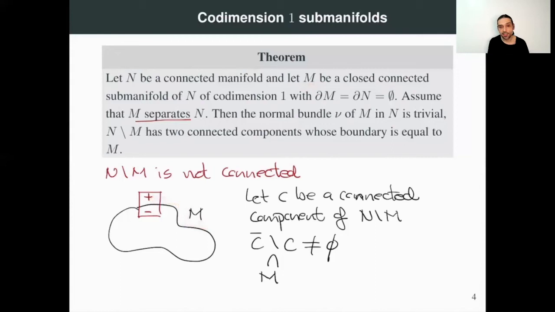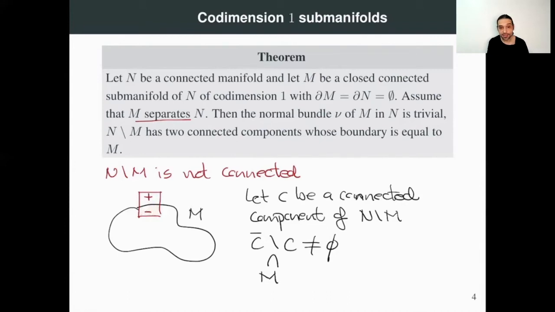So the connected component C is either the same connected component as the points labeled plus, or is the connected component of the points labeled minus.